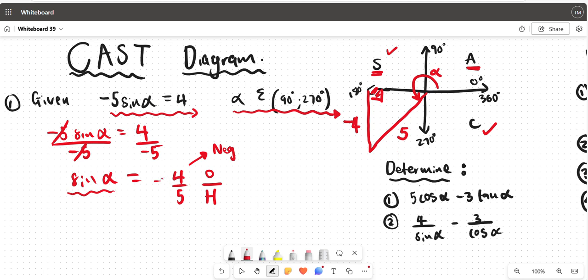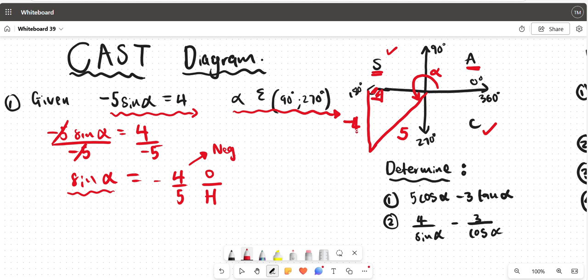Maybe you're sitting there wondering, oh, Mr. Malachi, why isn't the negative going with the 5? Why isn't it a positive 4 and a negative 5? One thing you need to realize is that we are on the negative side of the y, so definitely this needs to be negative.